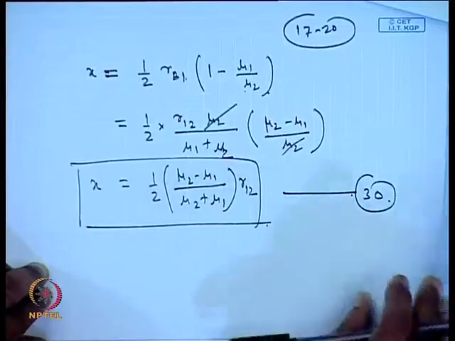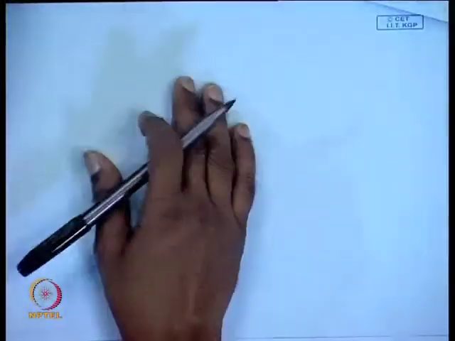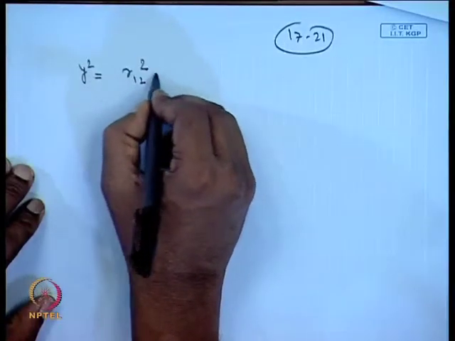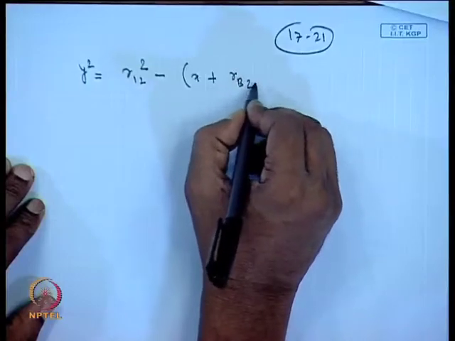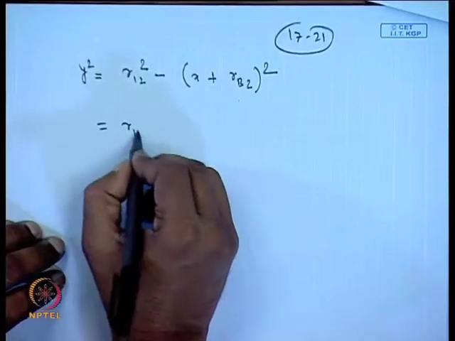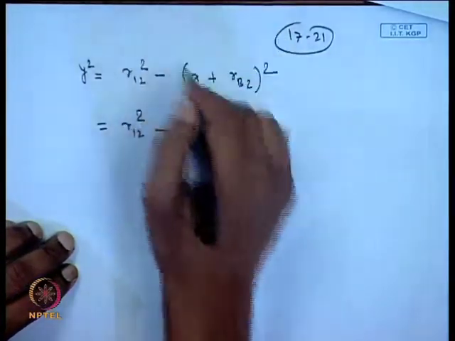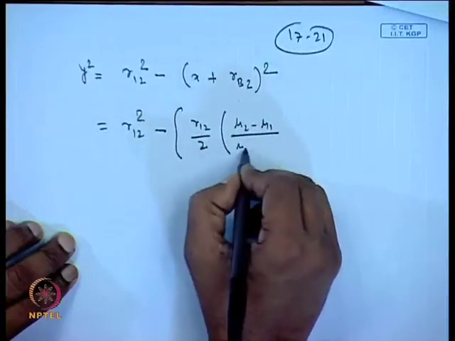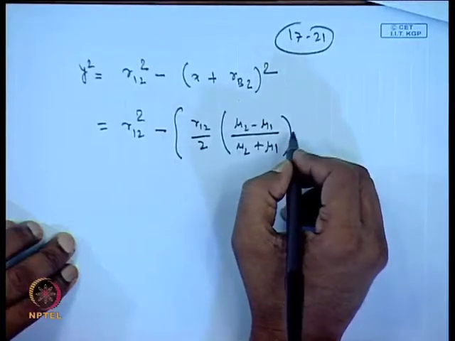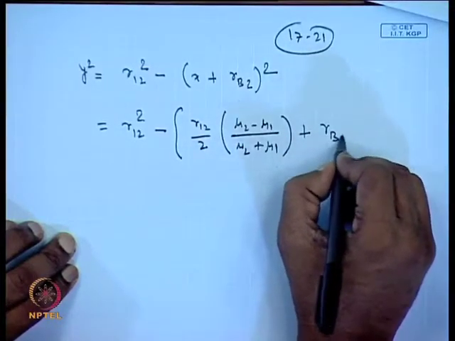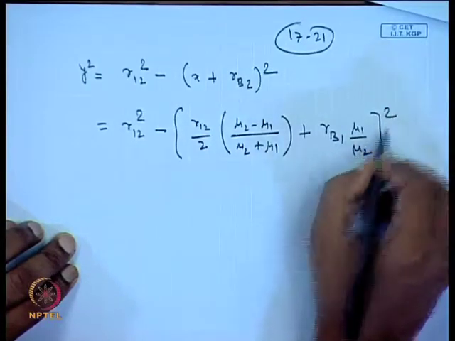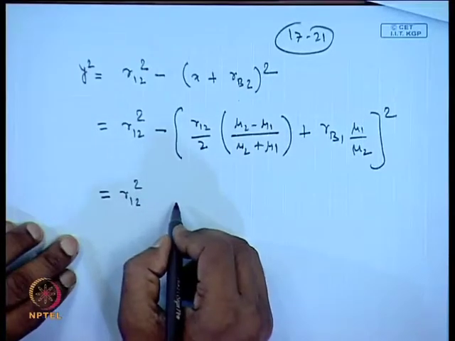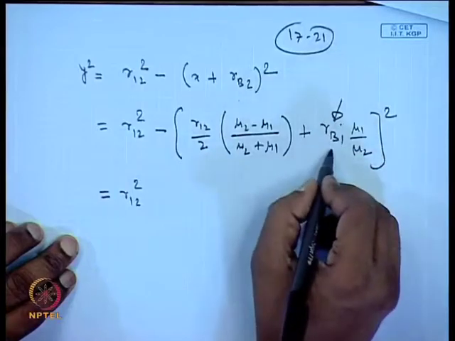Okay, now we can work out y. We can work along the same line. x we can substitute from here, so this will be R_12 by 2 times (mu_2 minus mu_1) by (mu_2 plus mu_1). Now, R_b1 can be written in terms of R_12.